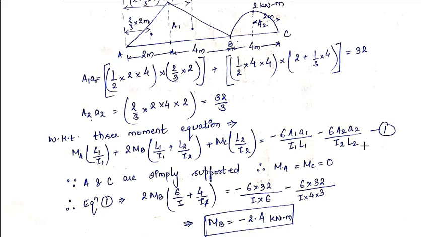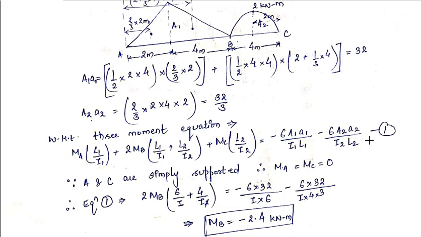In the equation, if you remember, we also had the terms HA and HC. If there is a settlement, then we have to take HA and HC, because in the derivation we assumed that the support B yielded through some distance, and the height of the A point from the B support was HA and the height of the C point from the B support was HC.